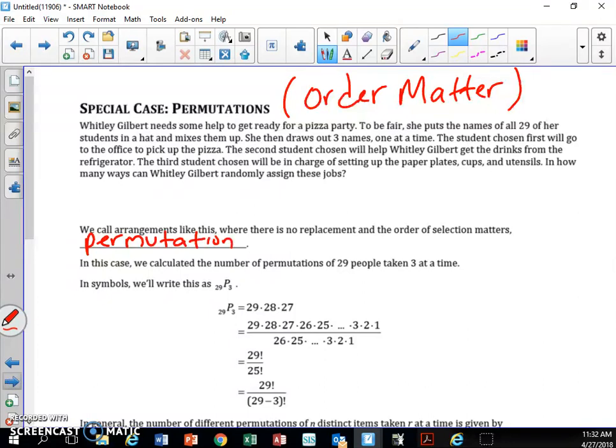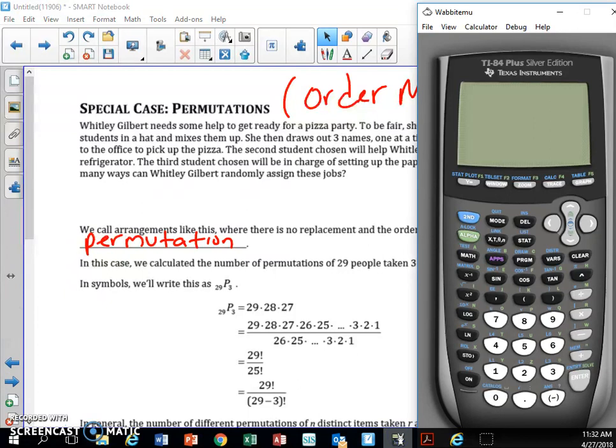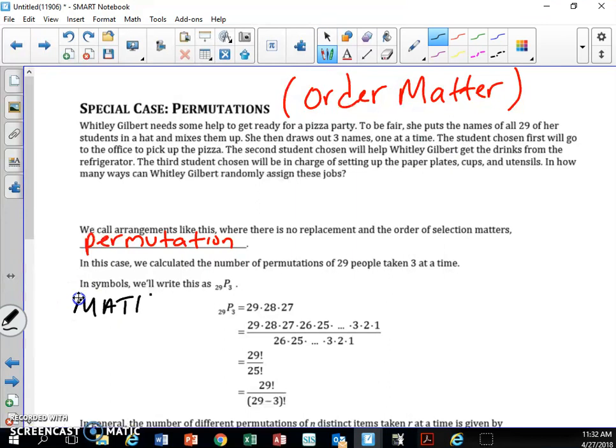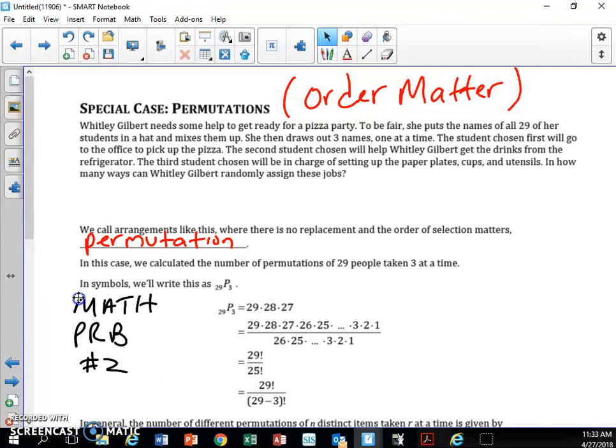So you don't have to worry about the formula per se because the calculator is going to do it for us. Remember, if you go to math, probability is option 2. Math, PRB, option number 2. That's what we're going to be doing.